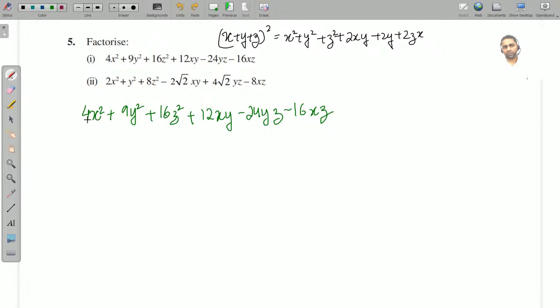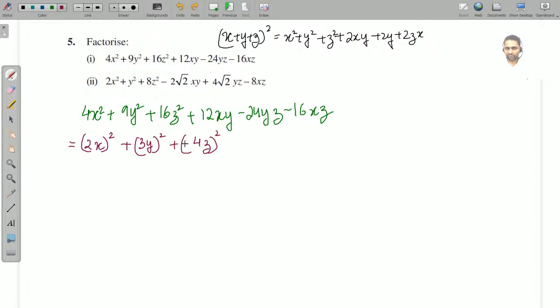So now the first term can be written as twice of x whole square. Second term can be written as 3y whole square, and third term can be written as 4z whole square. But we already have seen that we have got negative sign with these two terms, and we have got z as the common term.